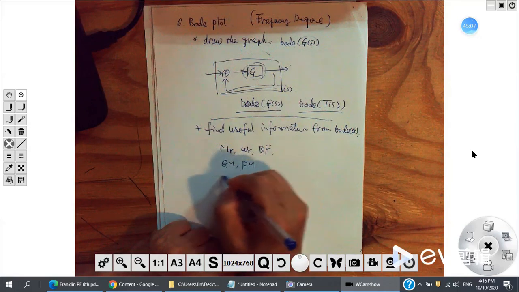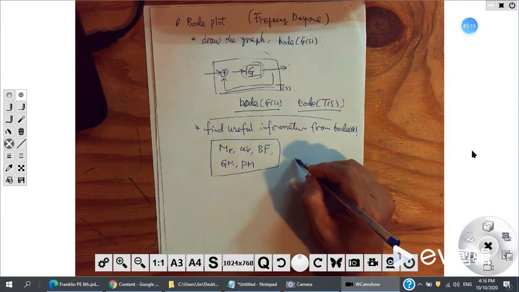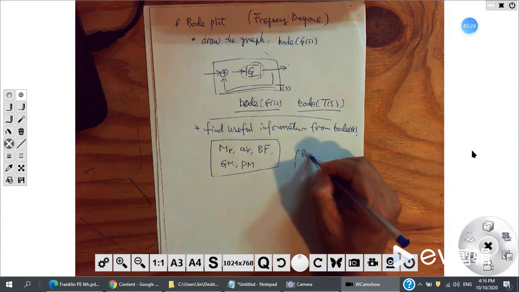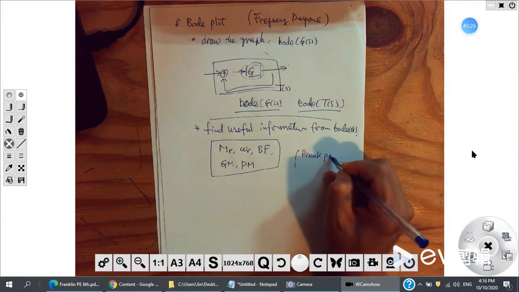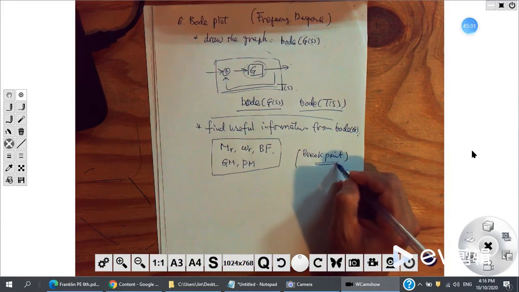Okay. So basically, we have these numbers we can find from a bode plot, and of course, we can also have those, we call what? The breakpoint. But this is not required. We can find the information of the breakpoint from the bode plot.